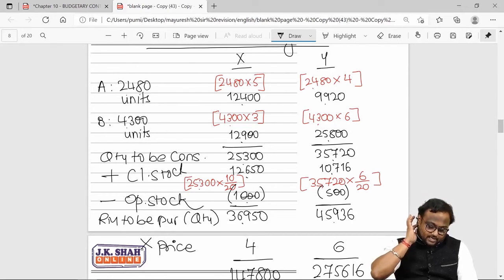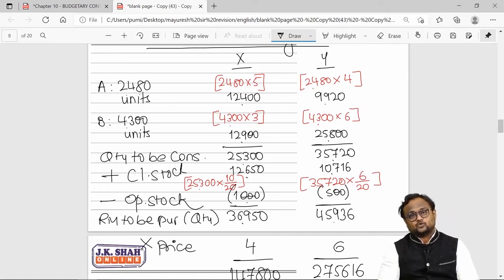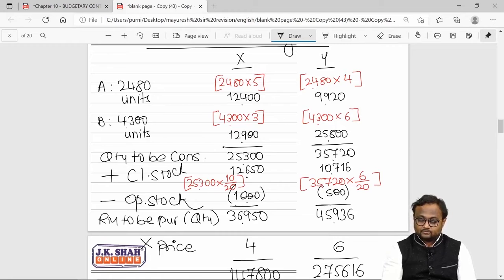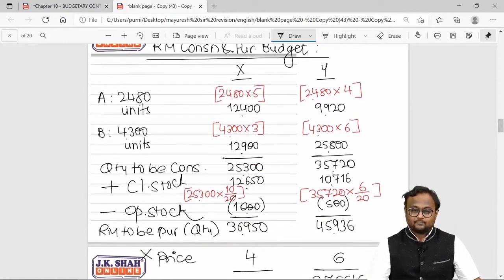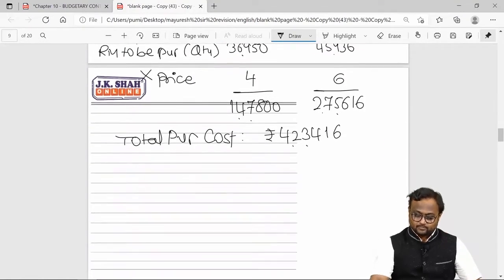Closing stock was asked for 10 days and 6 days of consumption, so that was also calculated, because whatever consumption we found out was for 20 days. So I have got this answer. I got raw material quantity to be purchased, I applied the price, I got the value. It is that simple. So you understood this. Please be very clear about what you want.